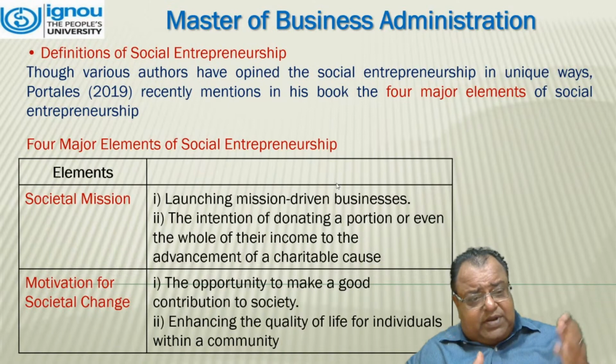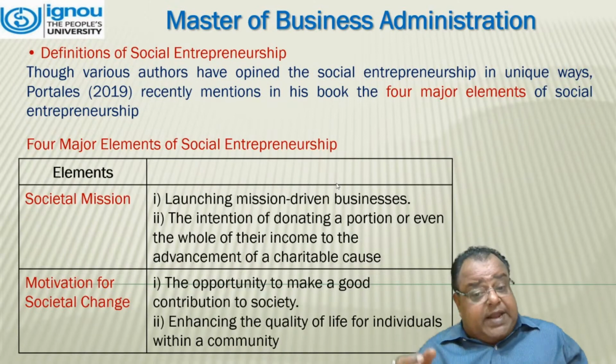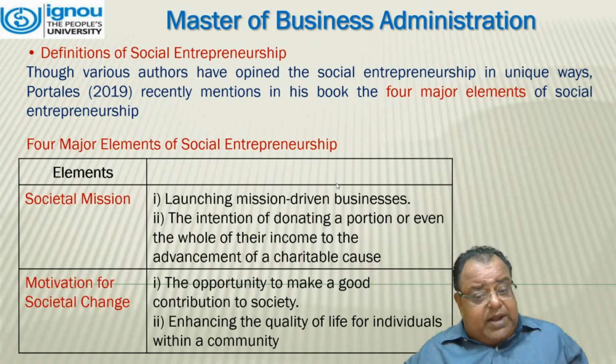The first one is societal mission, which is launching a mission-driven business, with the intention of donating a portion or even the whole of their income to the advancement of a charitable cause. The second one is motivation for social change, the opportunity to make a good contribution to society, enhancing the quality of life for individuals within a community.